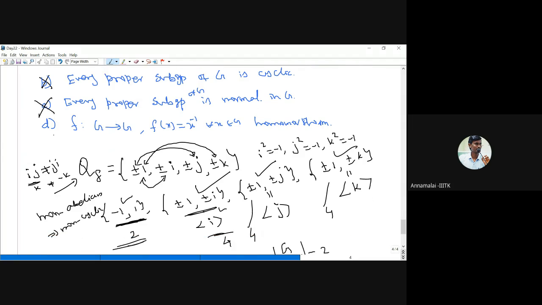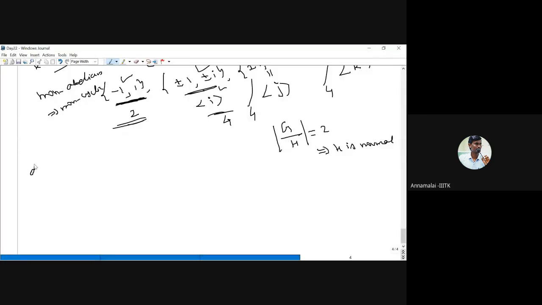Now look at the last option. F is a function from G to G defined by f of x equal to x inverse. It is given that it's a homomorphism.